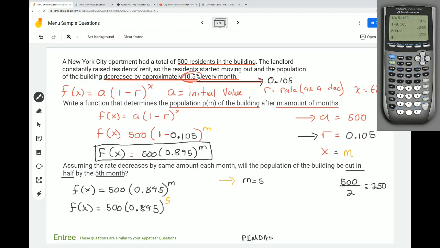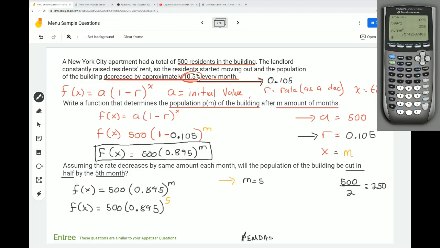There's nothing to multiply with it inside the parentheses. So there's nothing to do inside the parentheses. Is there any exponents? We have to the 5th power. So that means we want to evaluate for that exponent. So we're going to do 0.895 to the 5th power.